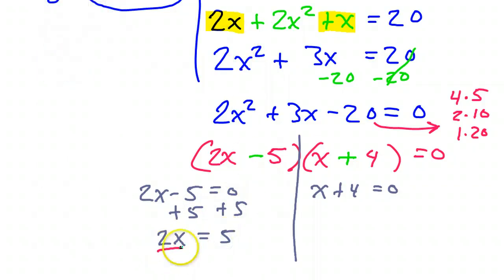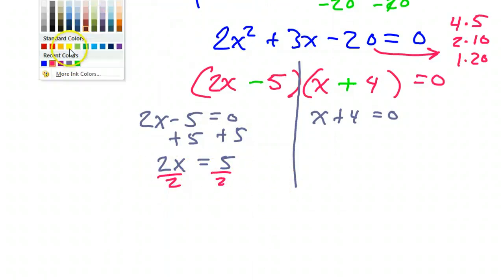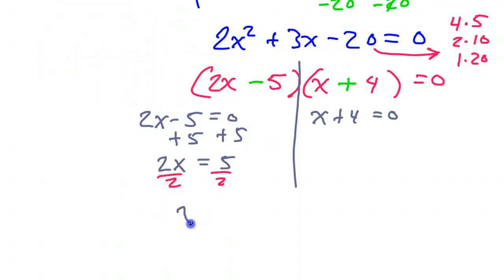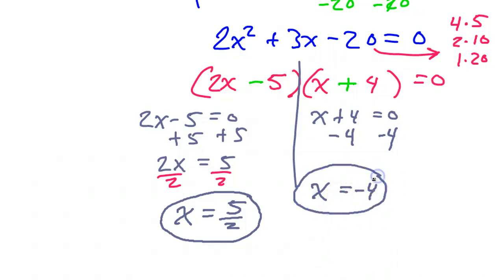Dividing by 2 is just going to give us 5 over 2. So I have x equals 5 over 2. That's one x value for me. Now over here, of course, I'm just going to subtract 4 from both sides. That gives me x equals negative 4. So I have two x values, 5 over 2 and negative 4.